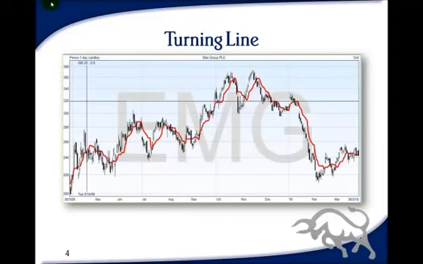It's similar to a 9-day moving average, but a little bit jerkier because of the way it is developed. If there's a high or low 9 days back and then you move forward a day, there would be a jerk in the line. So it's more jerky than a moving average, but otherwise it acts very similarly.